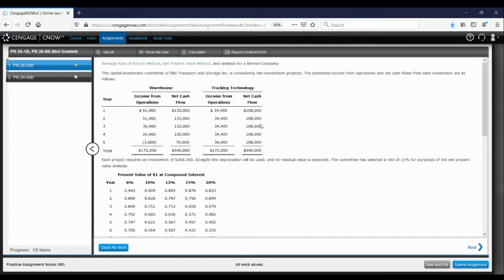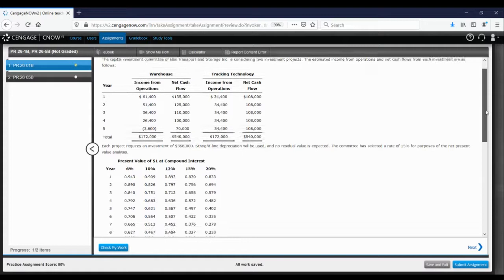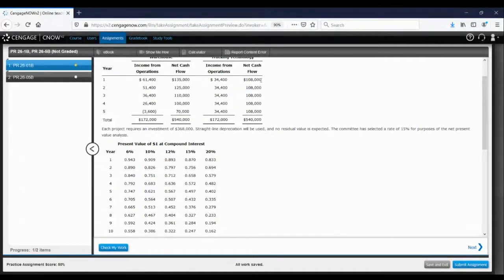If they are equal, you could have used the present value of the annuity table to determine the present value of the equal payments. But in this particular problem, they didn't give you an annuity table to use. So you had to do it the long way and calculate each one of these years' net cash flows separately, find the present value in each year separately, and then combine it all together to get the total present value.